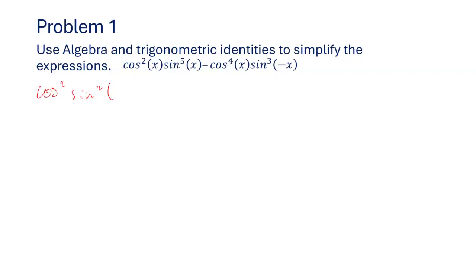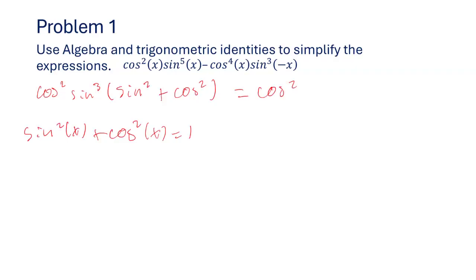That's actually a 3. And then we can rewrite it, and this becomes sine squared plus cosine squared. And you should remember, sine squared of x plus cosine squared of x equals 1. So the inside just goes to 1. And so this actually just equals cosine squared sine cubed.